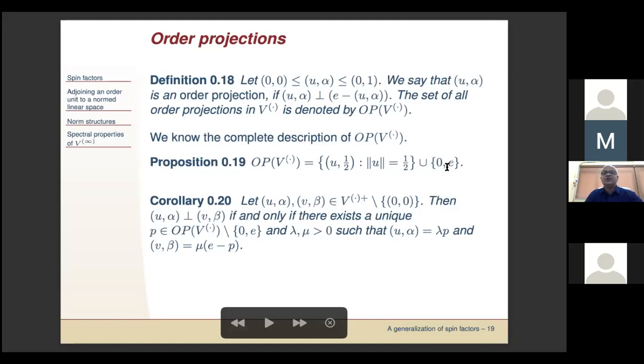Of course, these are two trivial projections, 0 and the order unit, and the others are given by this. So now we know all the order projections in V-dot.